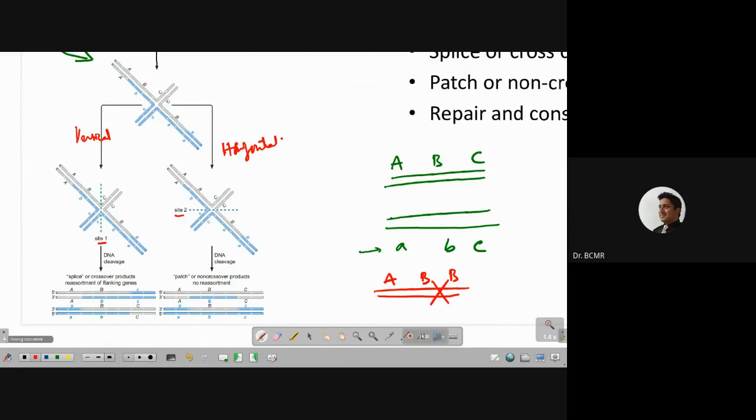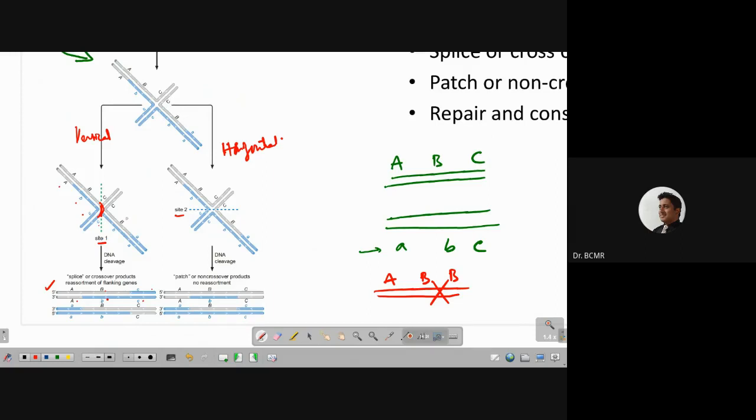So if DNA cleavage occurred this way, what will happen? Then capital A, B is joined with this, like this, small c. So if you look at this, capital A, capital B, and small c. And what are they base paired to? Capital A, small b, small c.